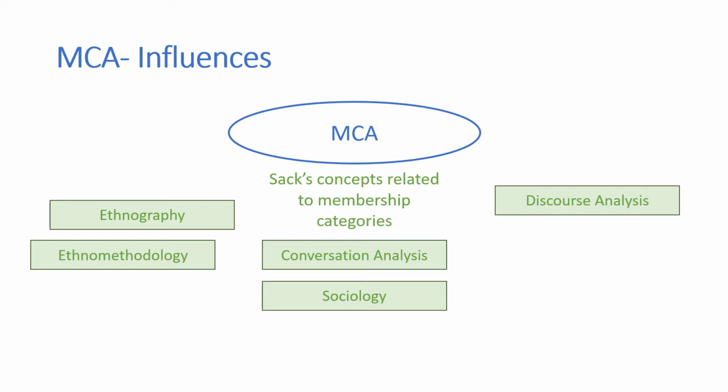So, in this sense, MCA is highly influenced by the field of conversation analysis and sociology, and there are also influences from ethnomethodology and ethnography, as it's linked to naturally occurring talk, it's linked to collecting authentic data and going into the context. We also have influences from linguistics, specifically in the field of discourse analysis. So certain linguistic and discursive concepts are also brought into the discussions and analysis in MCA research.